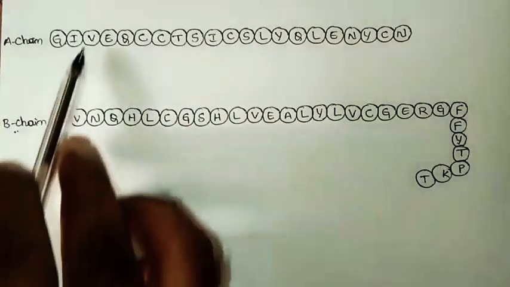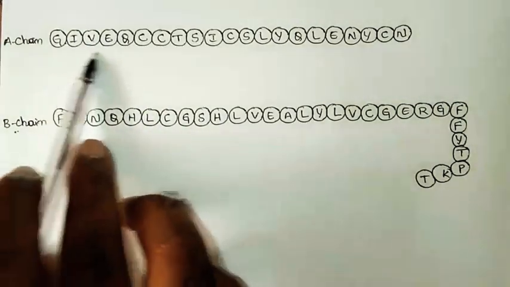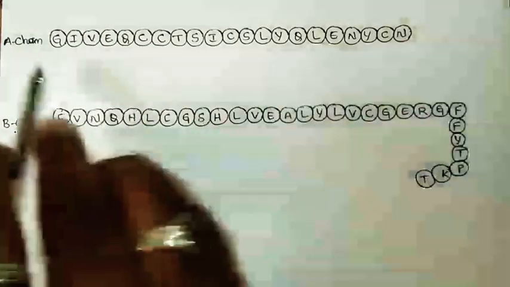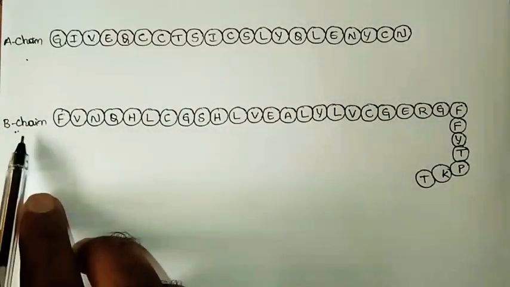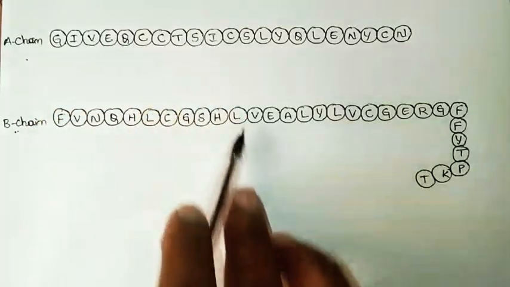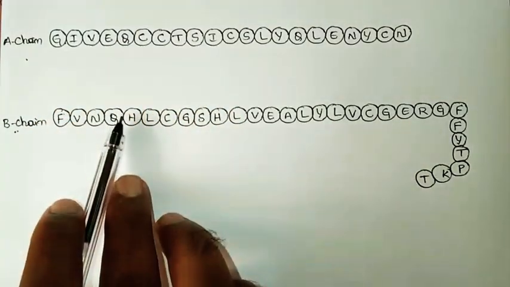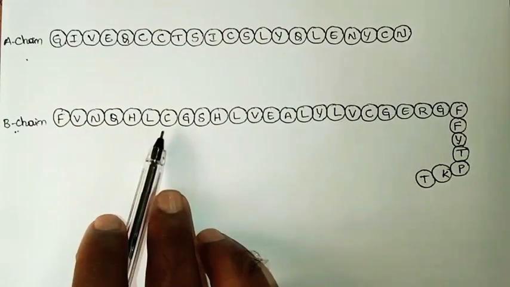So as we said, the two polypeptide chains consist of 21 amino acids in A chain and 30 amino acids in B chain, and there are two disulfide links that are joining the two polypeptide chains.